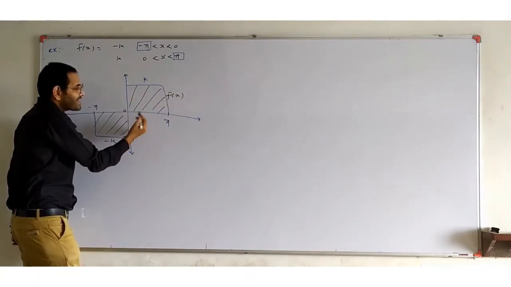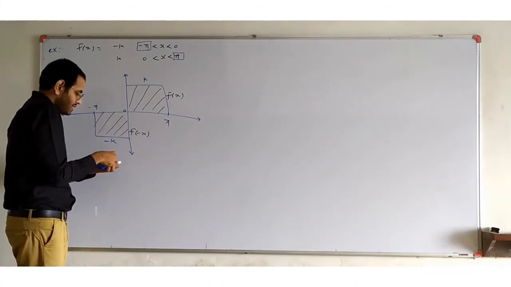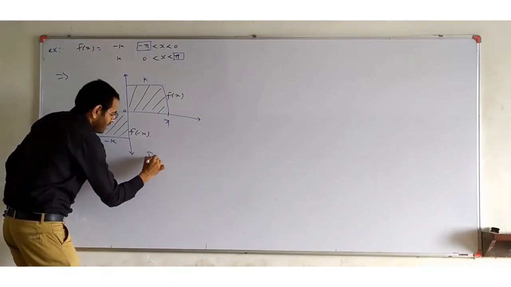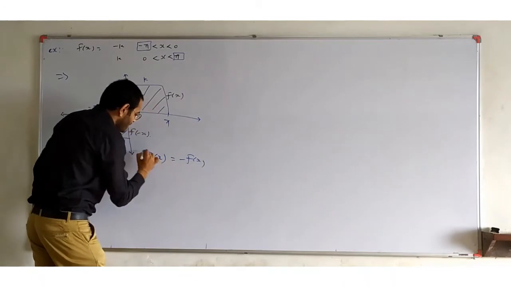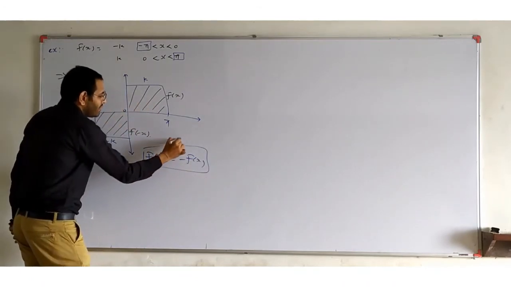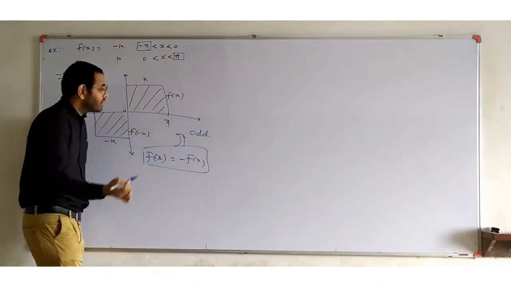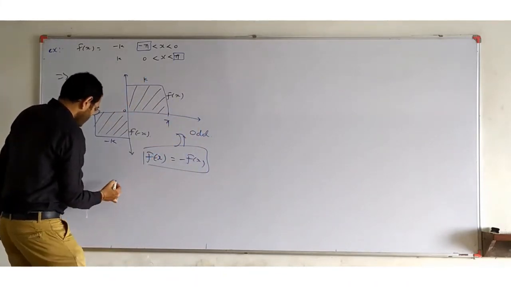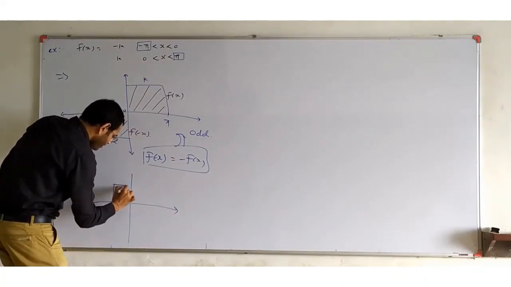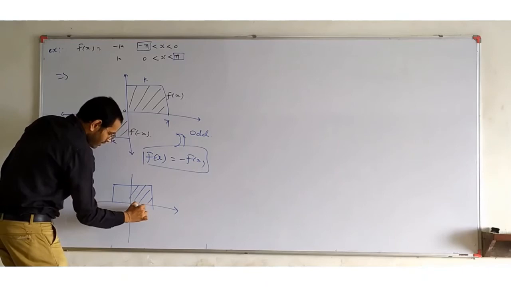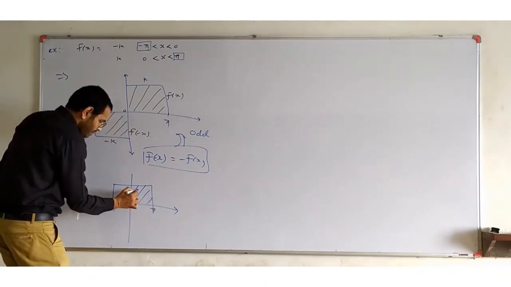Then if we replace x by minus x, that is our f of minus x. According to this diagram we can say that f of minus x equals minus f of x. This condition is satisfied, so we can say that the given function is odd. Suppose, for example, we have a function with 0, pi, and minus pi.